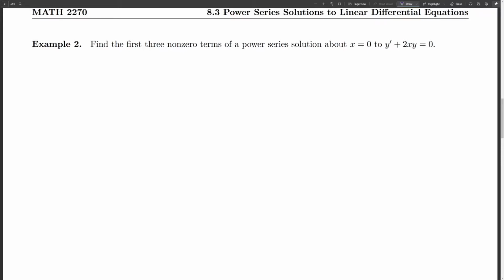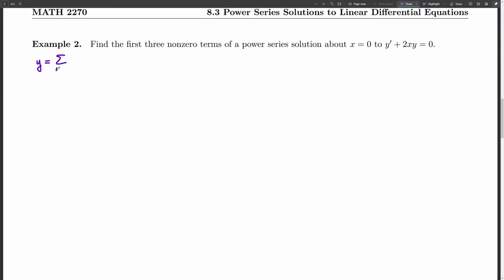In this example, we're asked to find the first three non-zero terms of a power series solution about x equals 0 to y prime plus 2x times y equals 0. So we want to find a power series solution about x equals 0. So we're going to write y as follows.